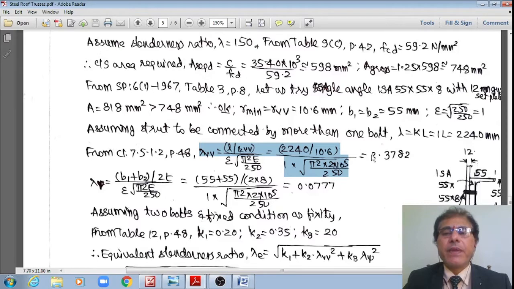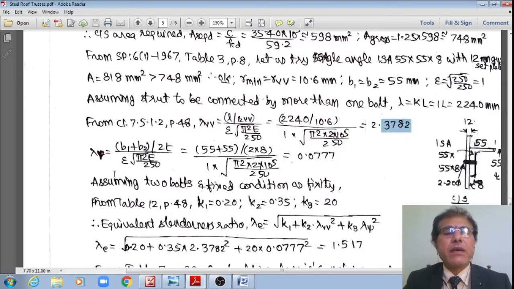It works out to the value 2.3782 up to the fourth decimal, right? Lambda psi is B1 plus B2, both are 55, divided by 2 times 8 mm thickness, divided by 1 multiplied by pi square multiplied by 2 into 10 to the power 5 divided by 250. It works out to 0.0777, right?